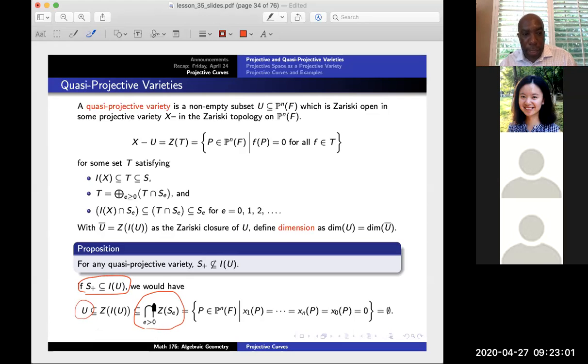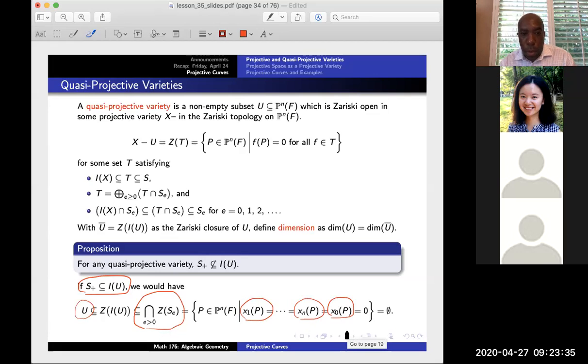But really, I want to take a look at the elements where each of the homogeneous polynomials vanishes. So in particular, let's take a look at the homogeneous polynomials corresponding to x1, x2, xn, and x0. Remember that our polynomial ring S is generated by these n+1 polynomials. So now I want to ask, what is the set of all points that vanish at all of the homogeneous polynomials?